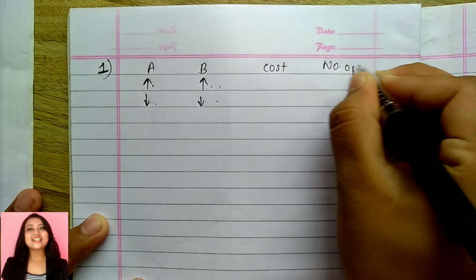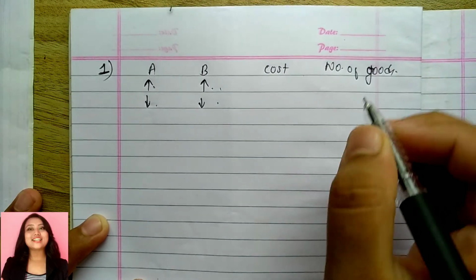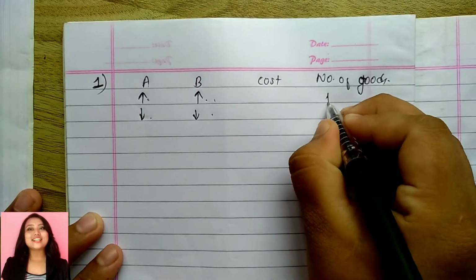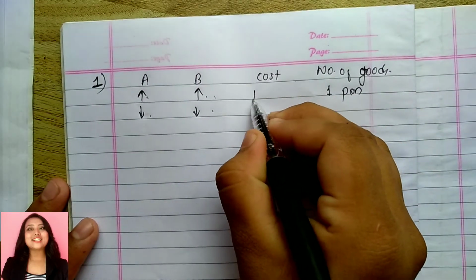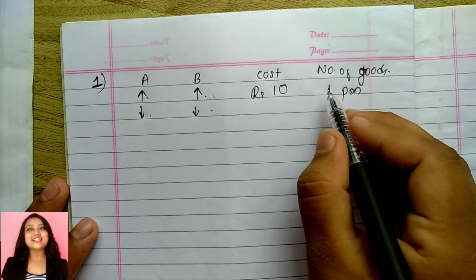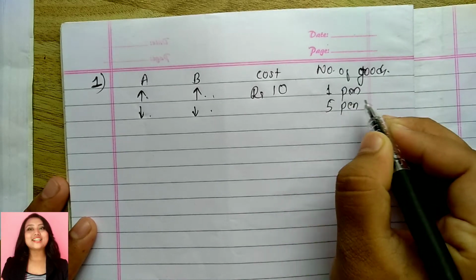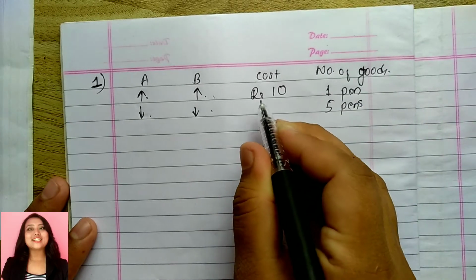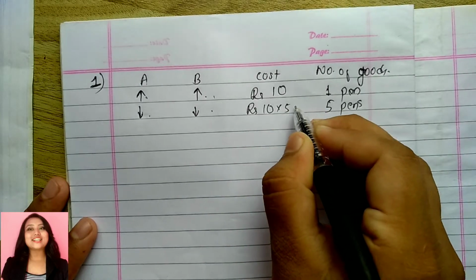If the cost of one pen is rupees 10, and the number of goods increases, suppose it becomes 5 pens, then the cost of the 5 pens will also increase, which is 5 into 10, equal to 50.